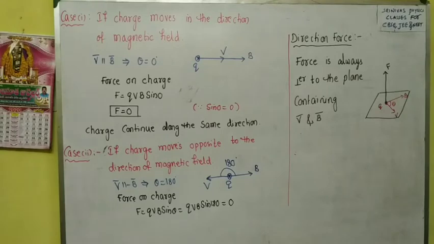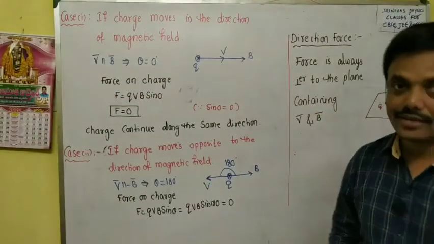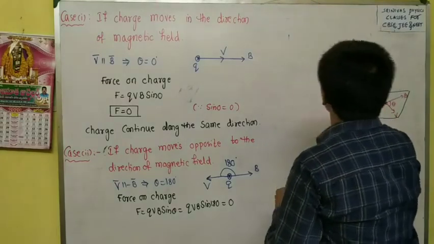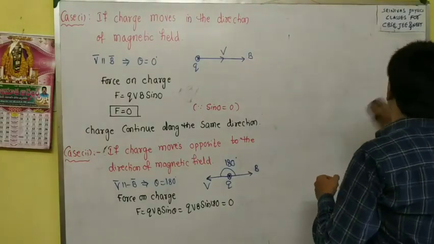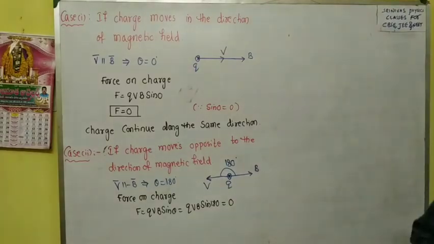The first case and second case are completed. In the first case the angle is 0, in the second case the angle is 180, and the third case I am going to explain, the angle is 90 degrees. Then what happens? This is a very important case.